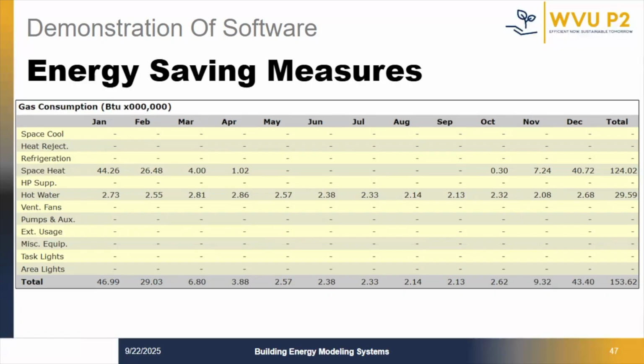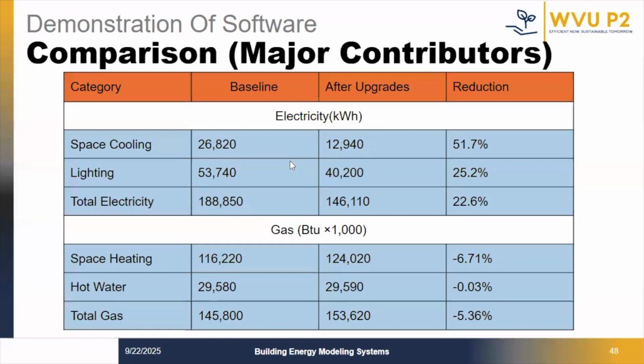Now, the net result shows the HVAC system upgrade successfully shifted load from electricity to gas, with total energy cost still dropping significantly due to the 52% cooling and 25% lighting reductions.